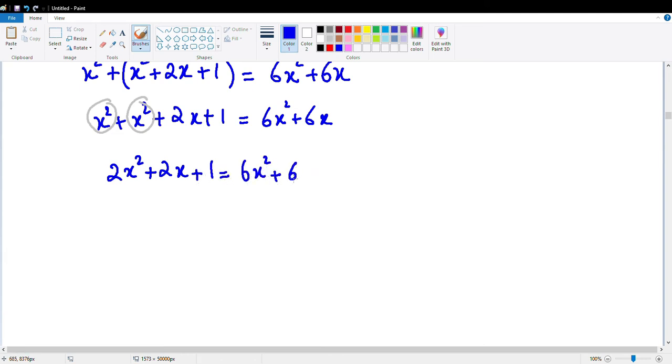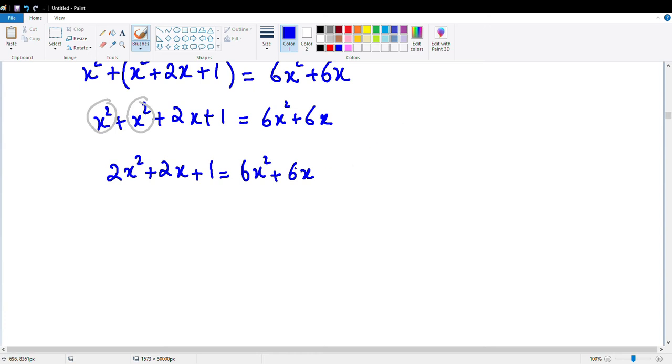And now I want you to look at this. You can see that over here there are bigger terms, like the 6 is greater than 2, we can tell, right? Same with 6x squared, and the same goes for 6x.